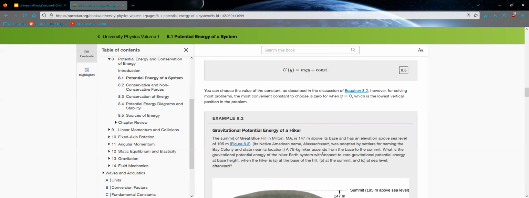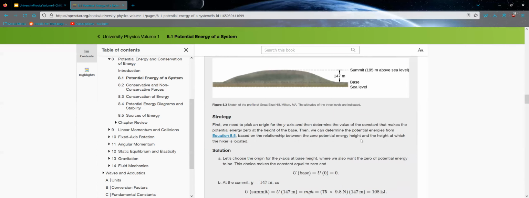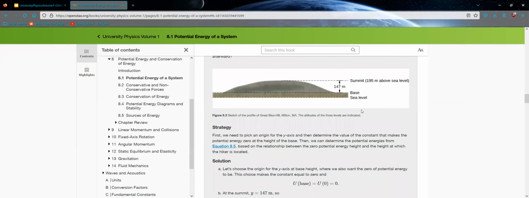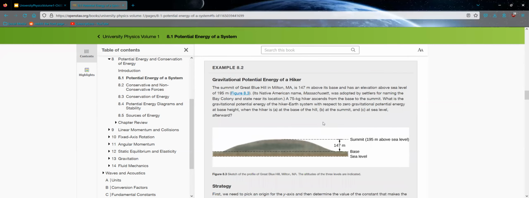M is mass, g is gravity, y is along the y-axis, plus some constant, which you would care about based on the question. So given that equation, mgy, we can then set our y-axis up to be able to solve the question as stated here.